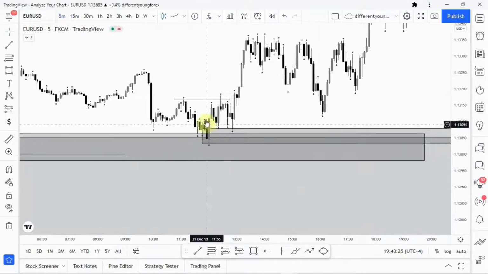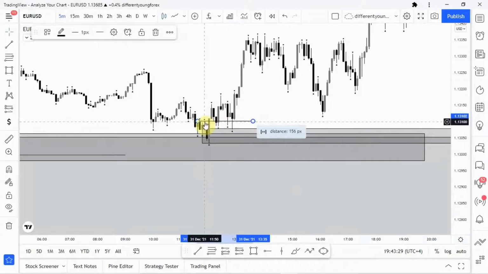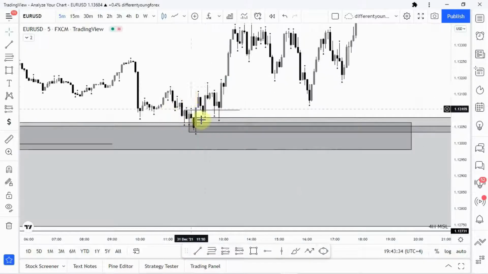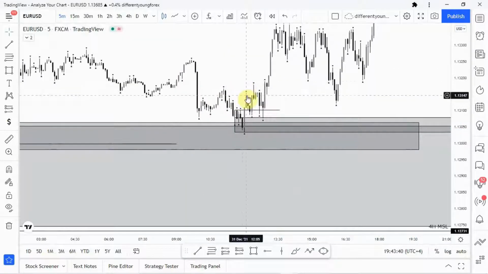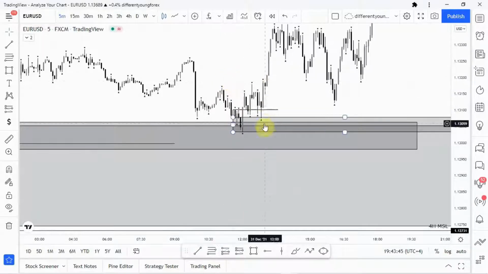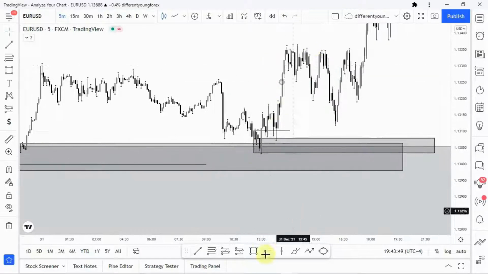The 5-minute candle just closed above this 5-minute high, and we can use this block, the 5-minute block. Price went up, tapped back into the block, and then just started going up.